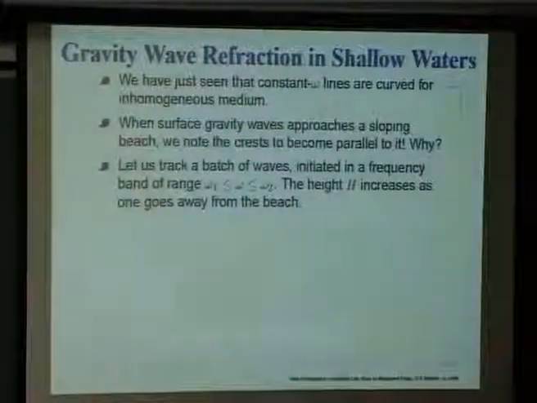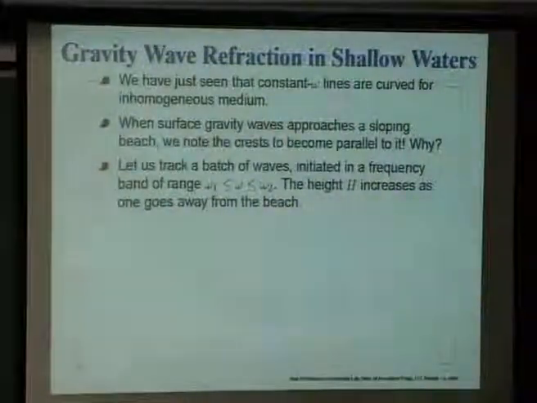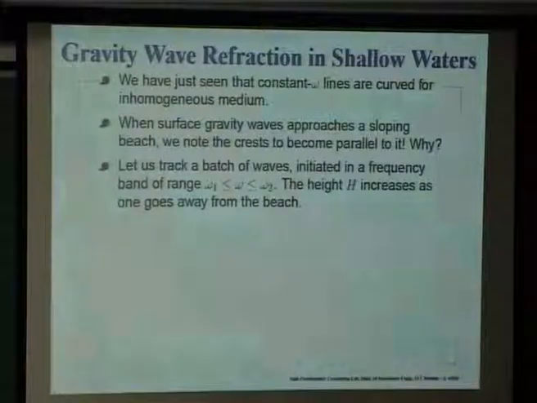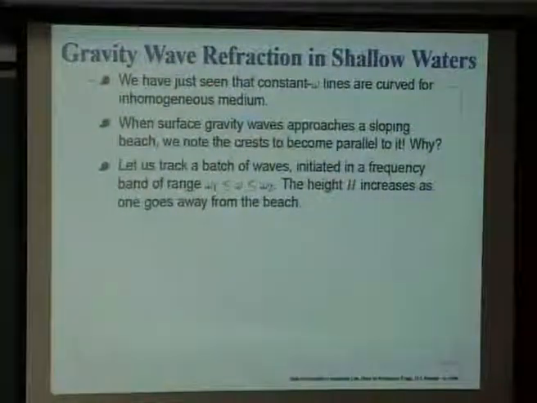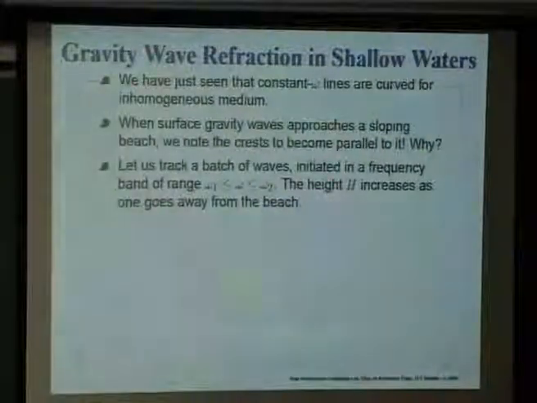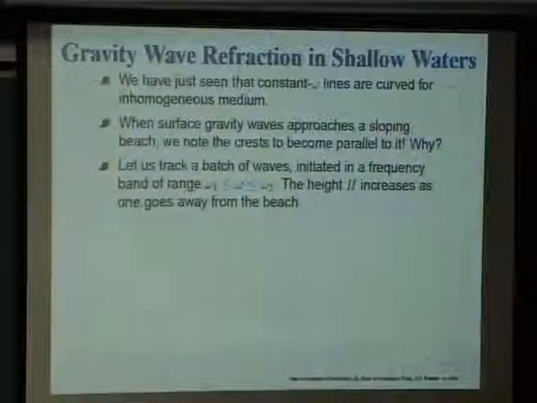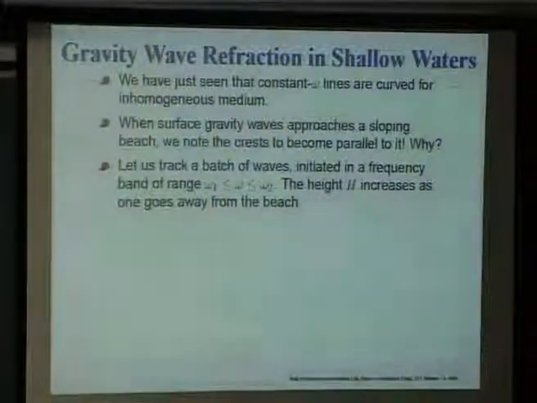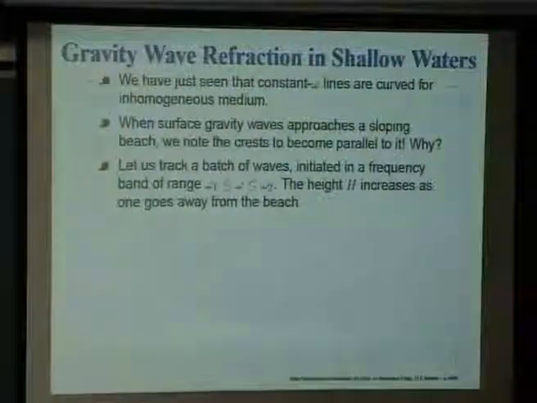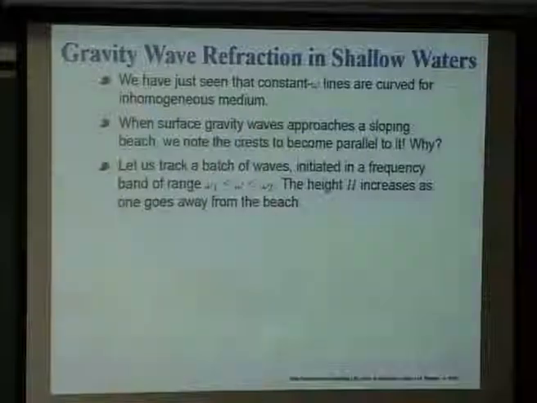Now, this has some repercussion when we look at gravity waves forming over shallow water. We have seen that if we are looking at an inhomogeneous medium, then constant omega lines are curved. Now, if I approach a sloping beach, so that the depth is increasing as I go away from the beach, then we need to find out why the crest eventually becomes parallel.